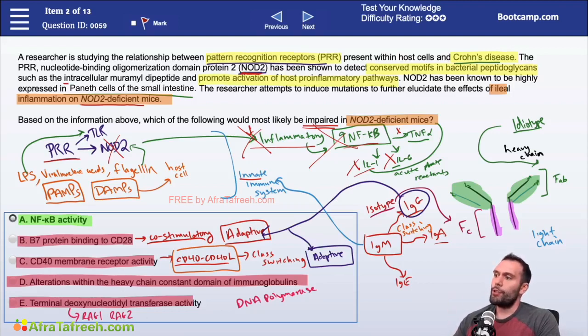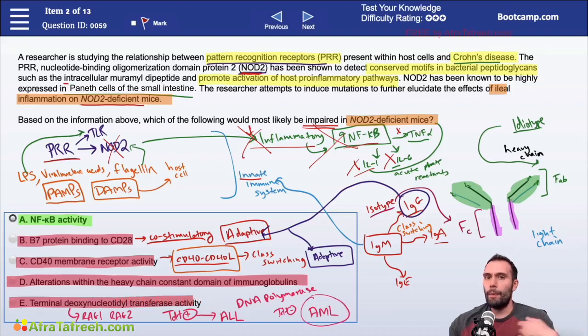But the other thing I want you to understand is when you see TDT positive in a question stem or a lab value, especially in the setting of blastic tissue, you start to think about acute lymphoblastic leukemia. One of the ways we differentiate the different forms of leukemia is that acute myelogenous leukemia, AML, is typically TDT negative, because the blastic cells in AML are from the myeloid lineage, not the lymphoid lineage.